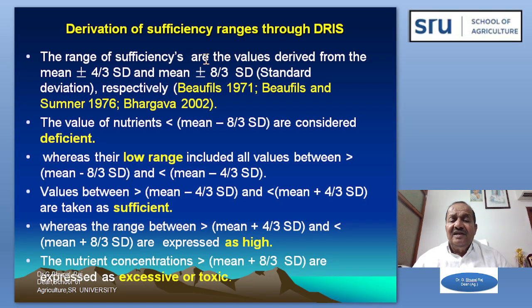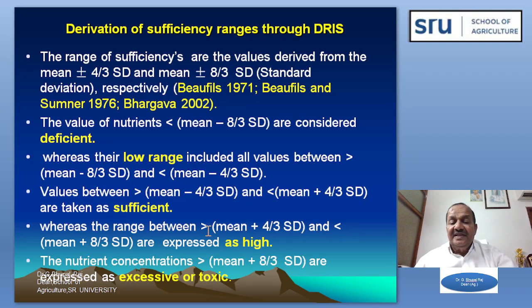The values between these two are called the sufficiency values. Values of nutrients less than mean minus 8/3 SD are considered deficient. The low range includes all values between more than mean minus 8/3 standard deviation and less than mean minus 4/3 SD. For sufficient, values more than mean minus 4/3 SD and less than mean plus 4/3 SD are called sufficient.